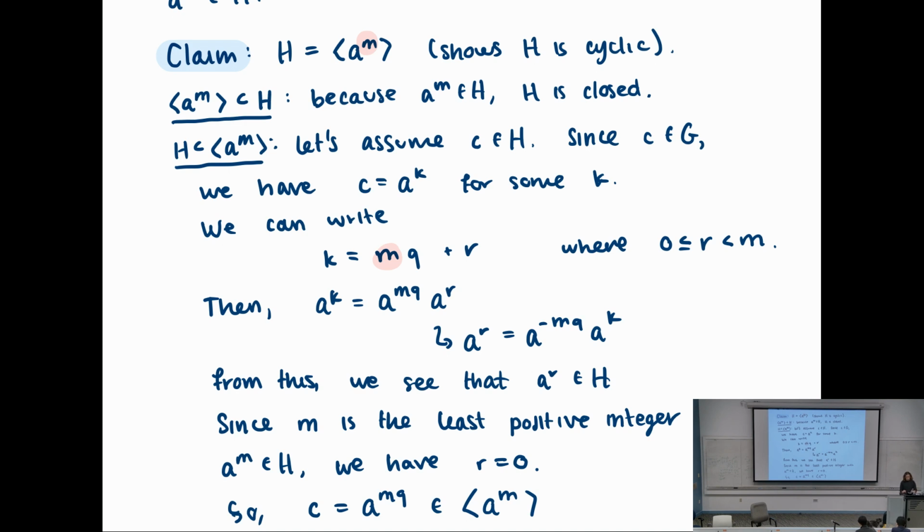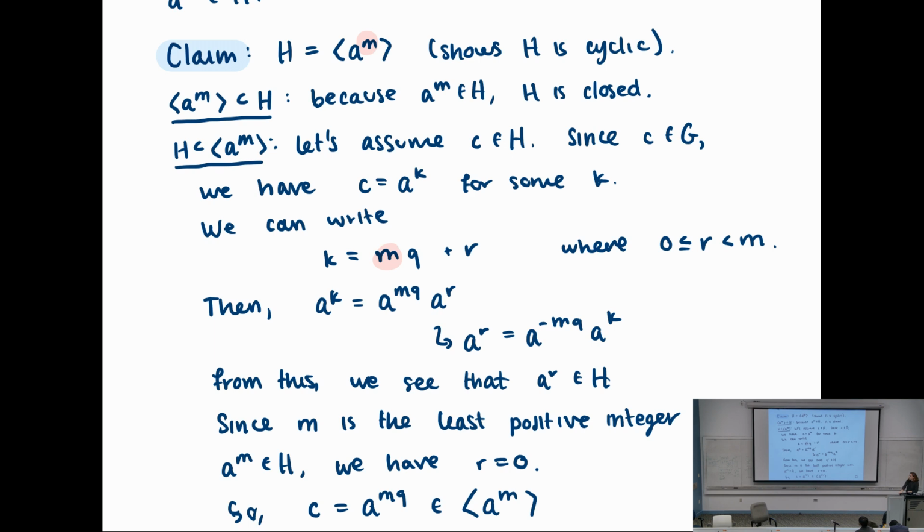So then we know that H is a subset of the subgroup generated by a to the m. And that means that, in fact, H is equal to the subgroup generated by a to the m, and so H is cyclic. So that completes the proof. Are there questions about this?